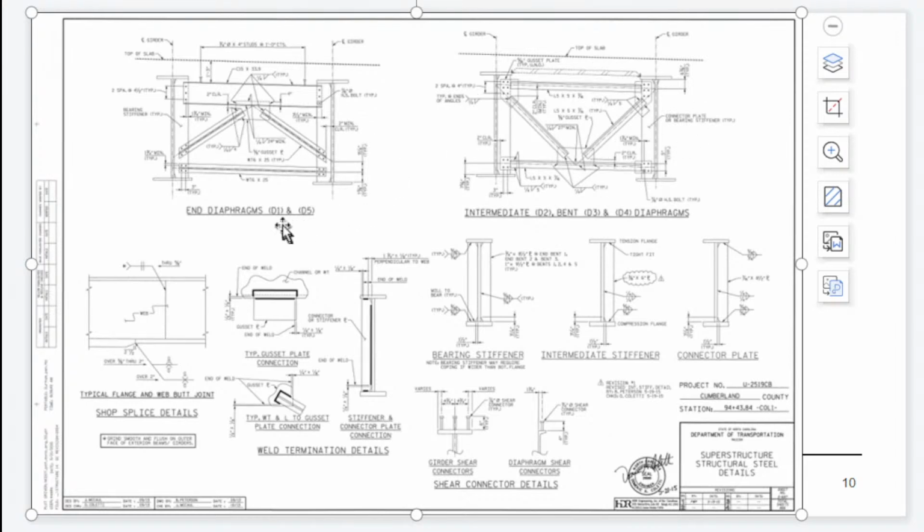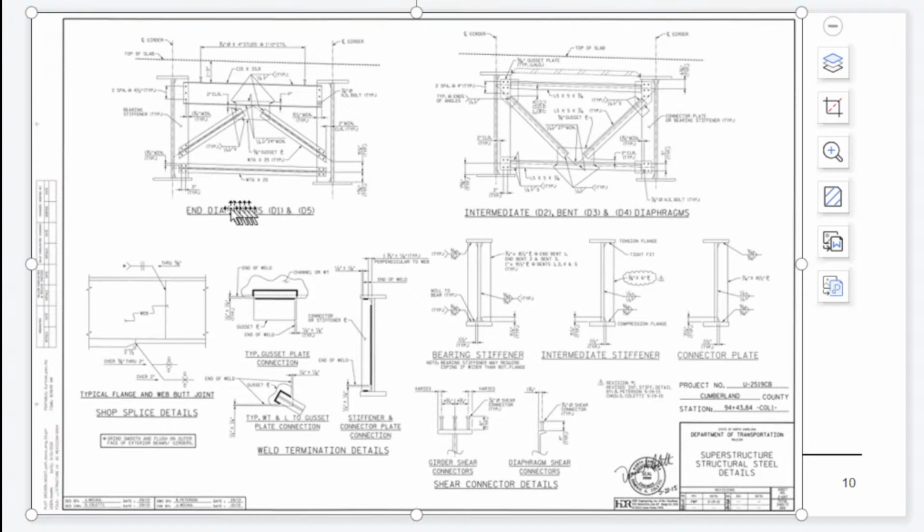Take a look at D1 and D5. We can now understand what D1 and D5 mean. That is the name of the diaphragm itself. Intermediate ones are D2, D3, and D4. So there are 5 diaphragms actually: D1, D2, D3, D4, and D5.